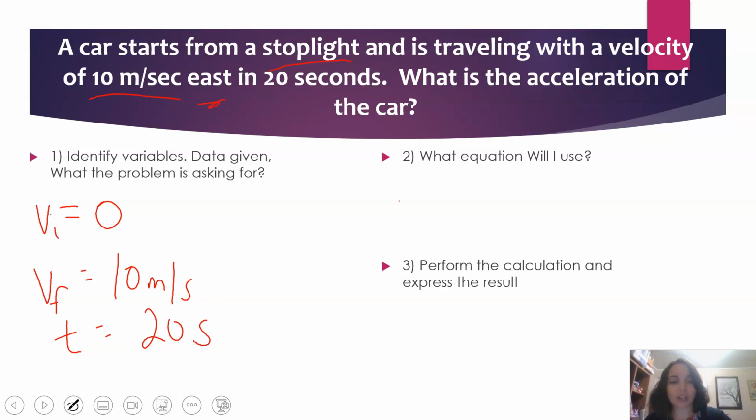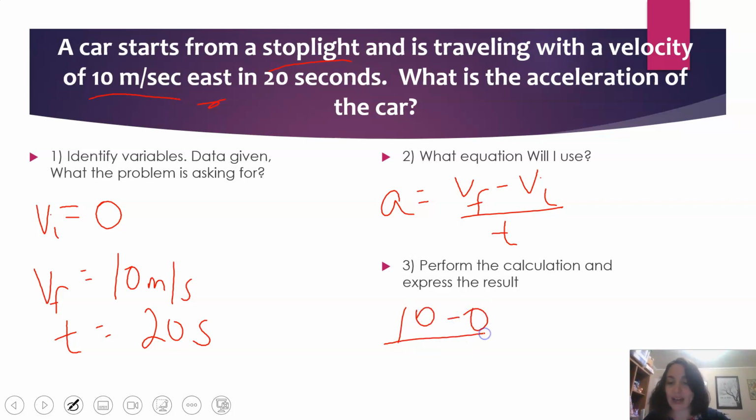The equation for acceleration: VF minus VI divided by time. So if I substitute the values in, VF is 10, VI is 0, and time is 20. I'm going to solve 10 minus 0 first, which is 10.